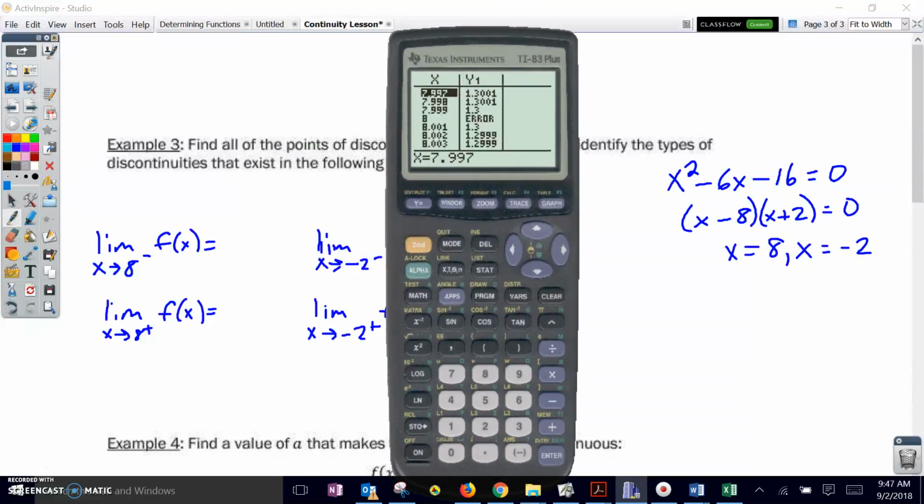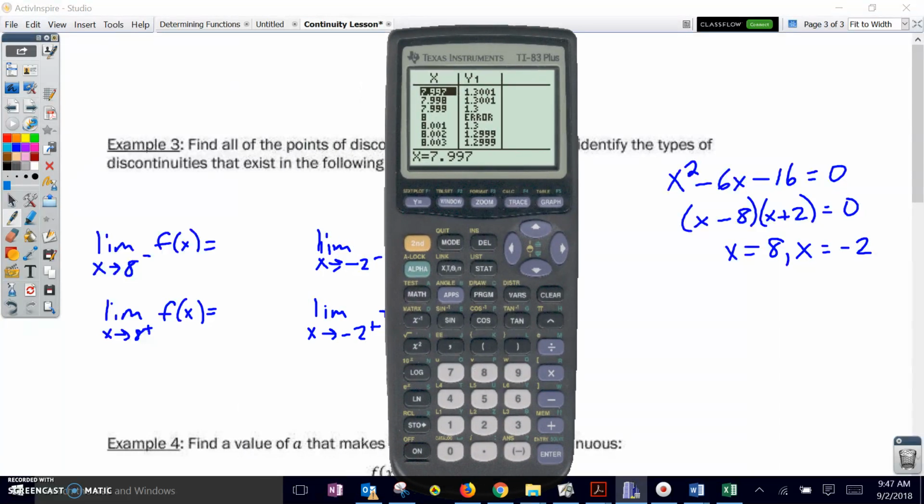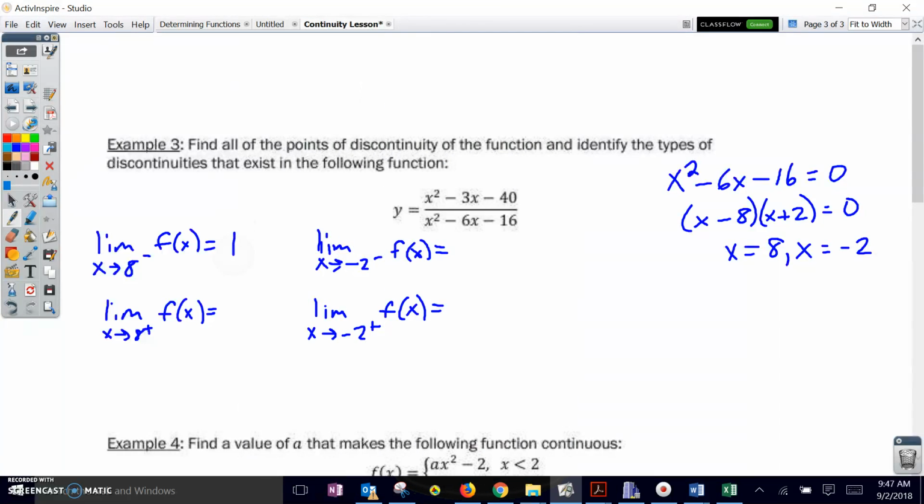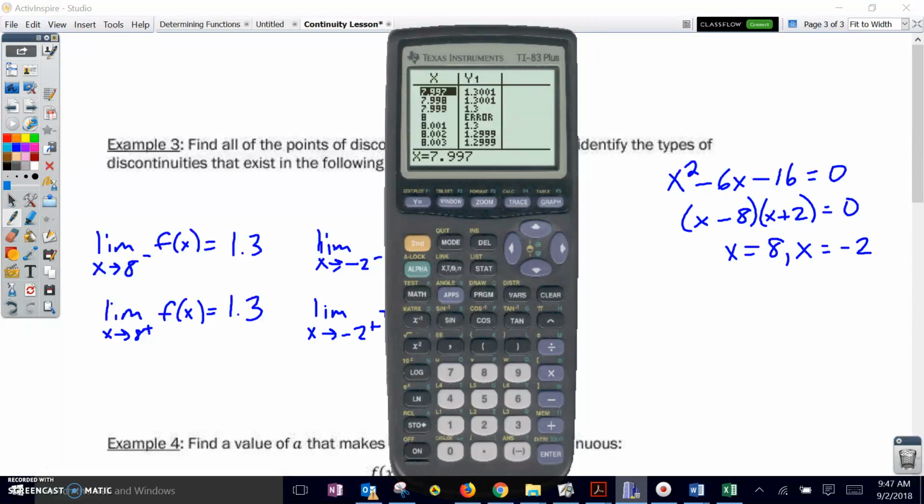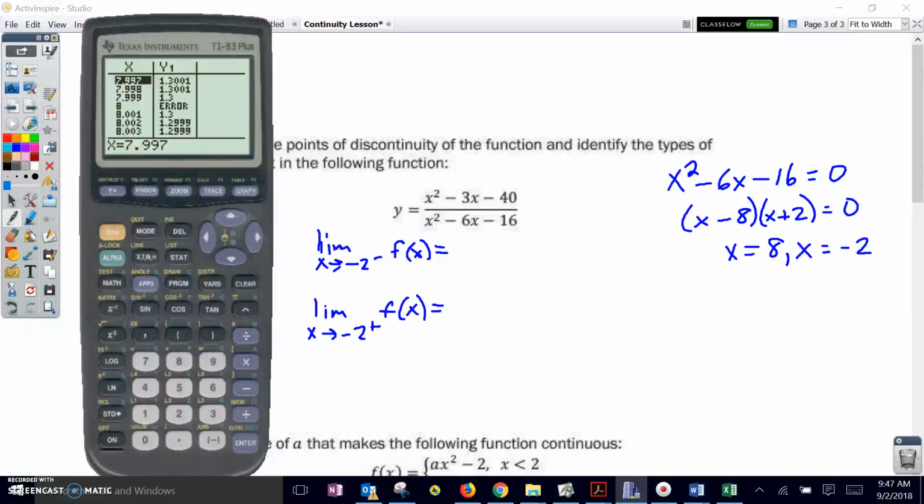And it looks like the limit as we approach 8 from the left is 1.3, and the same from the right, 1.3. Everybody see that in their table there? Okay. Now we'll do the same thing as we set up our table at -2.